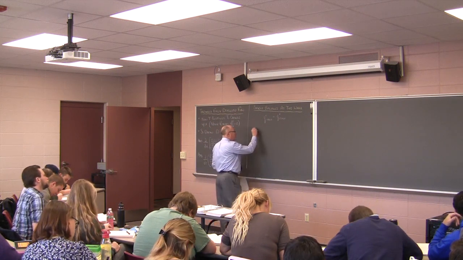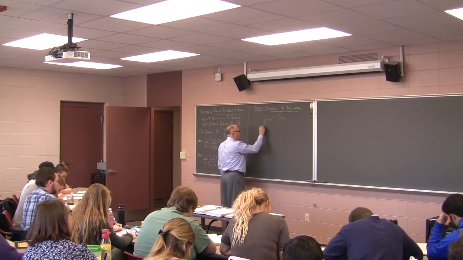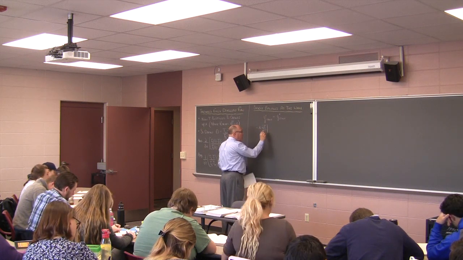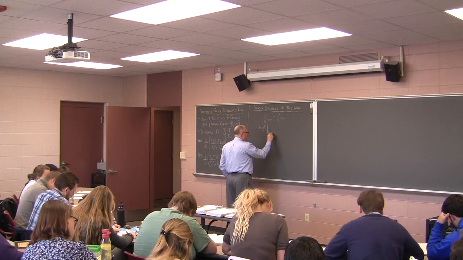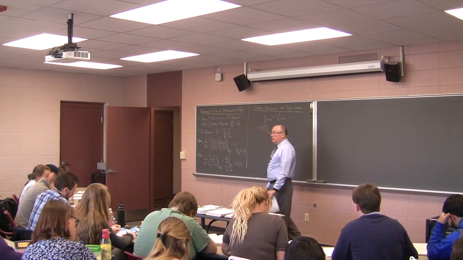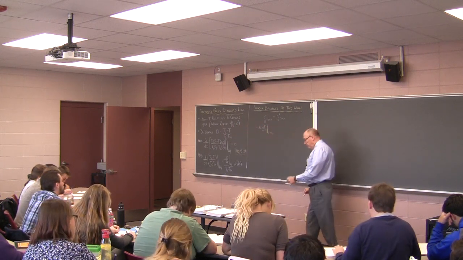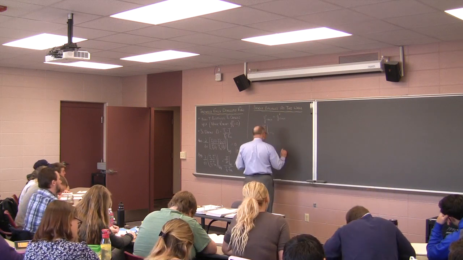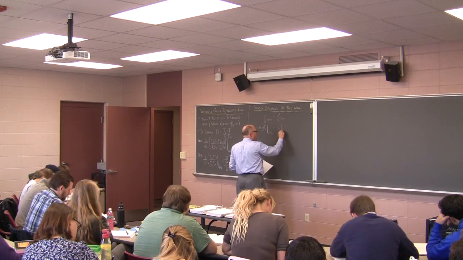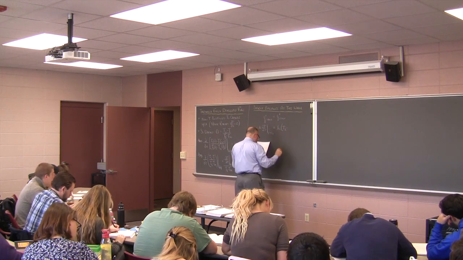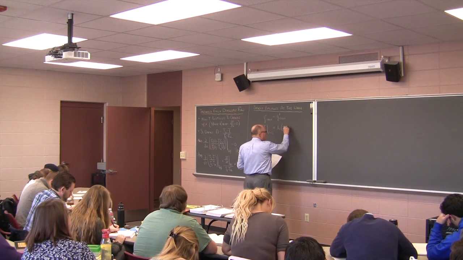The conduction is going to be equal to minus k, partial of T with respect to r, evaluated at r equal r sub 0, in other words, at the surface of the pipe. And this convection is going to be equal to h times T of the surface minus the mean temperature.